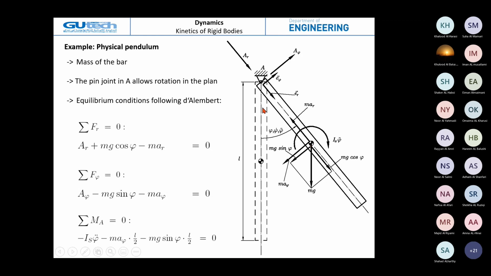Now this will oscillate with angle phi, where we have the angular velocity and angular acceleration, phi dot dot. Now the pin joint here at A allows rotation in the plane, and we try to get the equilibrium condition following d'Alembert.